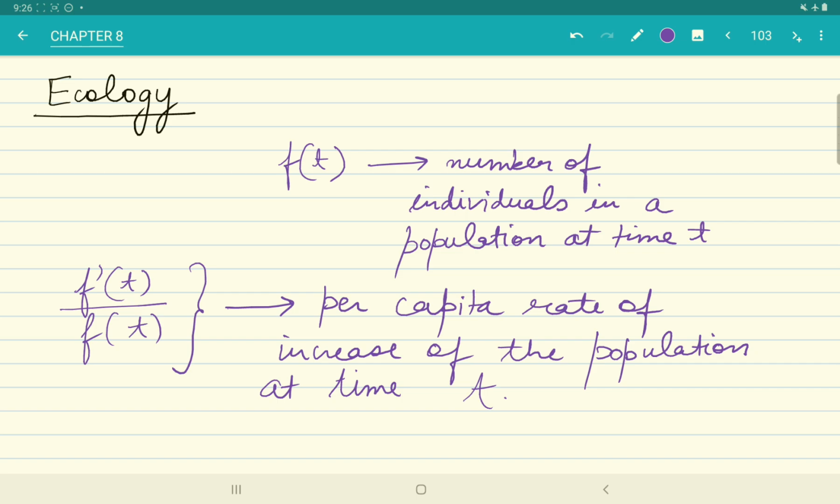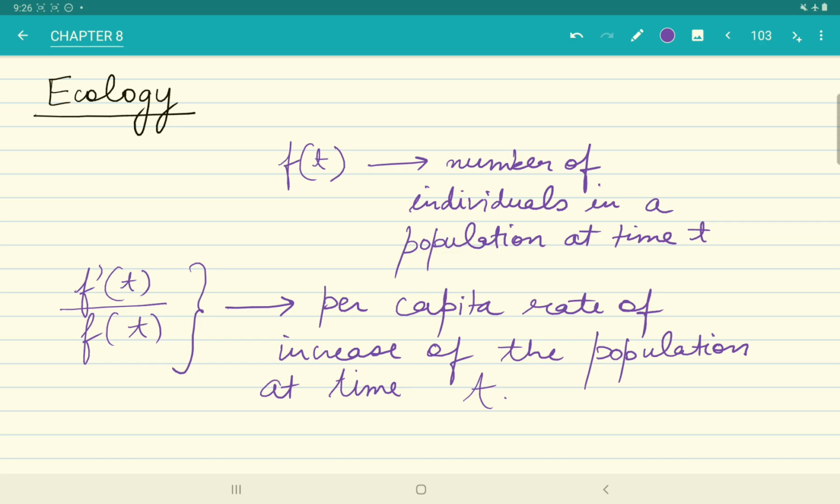Now, per capita birth rate and per capita death rate are going to depend on many factors, which I'm not concerned about here. But those factors can be food supply, age distribution, disease, living space for the population.